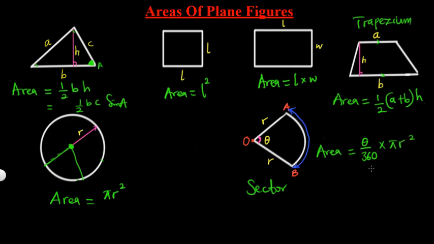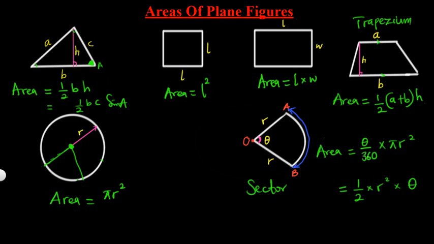So the area of a sector is theta over 360 times pi r squared. And it can as well be expressed as 1 over 2 multiplied by the square of the radius multiplied by theta. But at this point, the theta must be expressed in radians and not degrees.